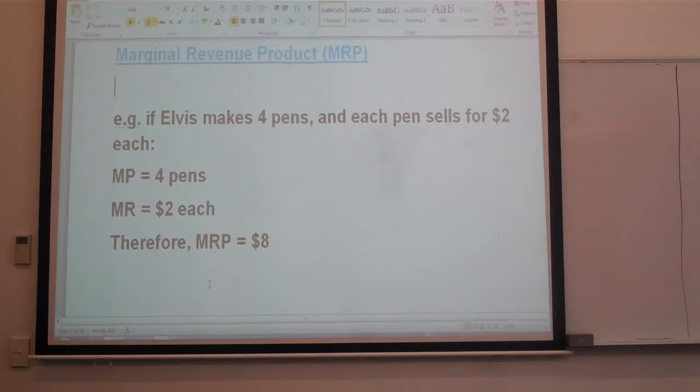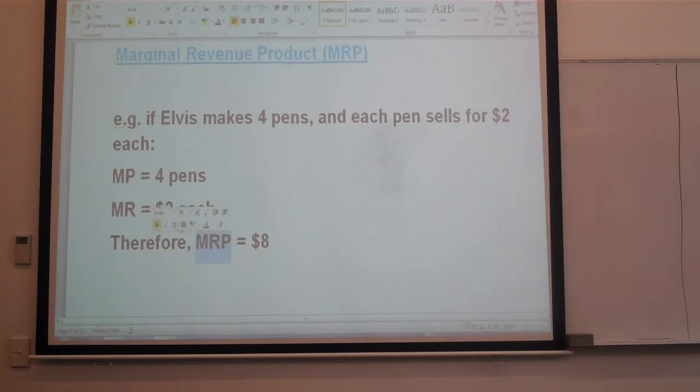We call this marginal revenue product, MRP, which equals 2 times 4, which equals 8. So marginal revenue product is essentially marginal revenue times marginal product. So you won't forget what that means: MRP, marginal revenue times marginal product.